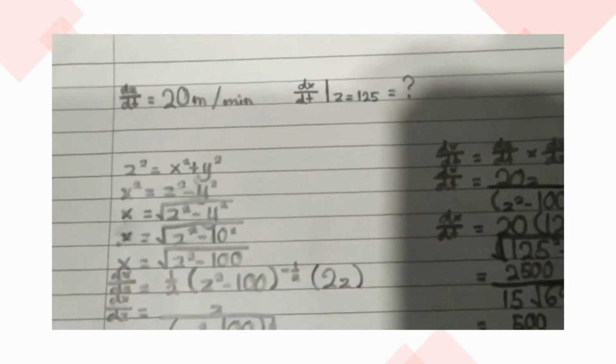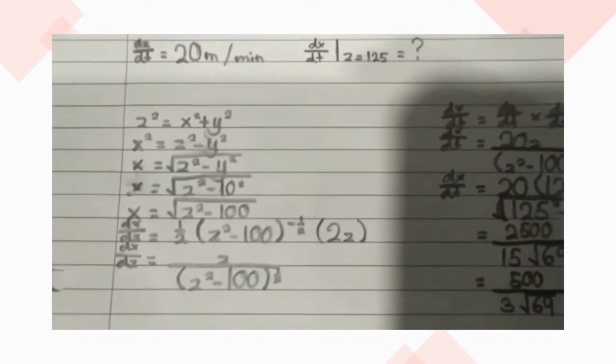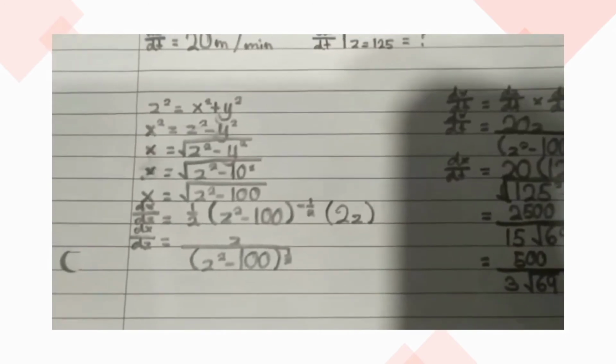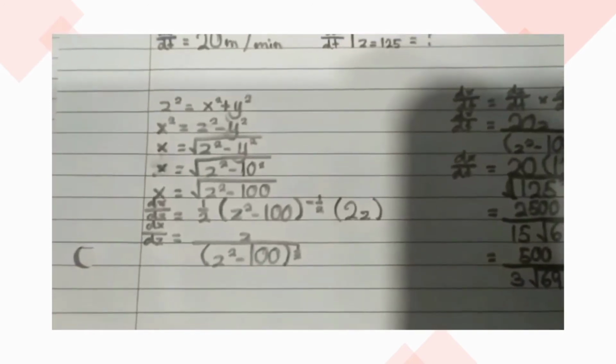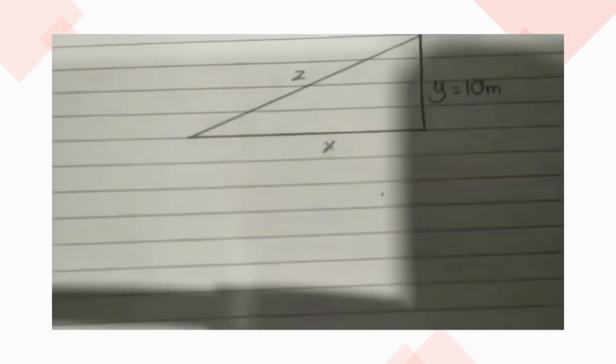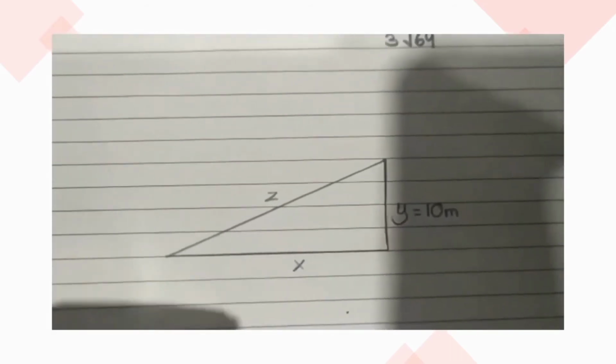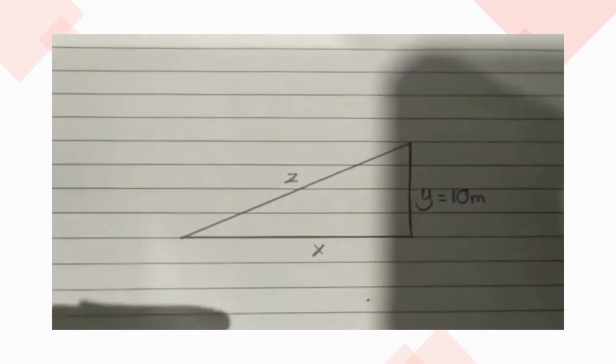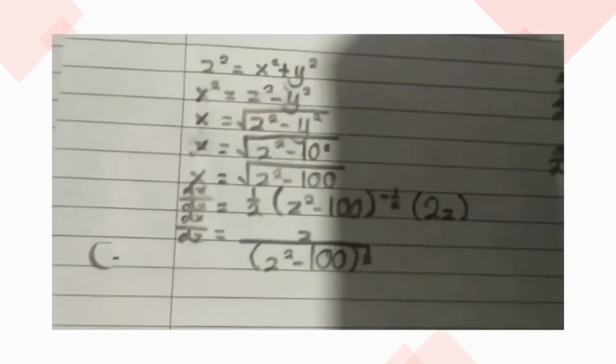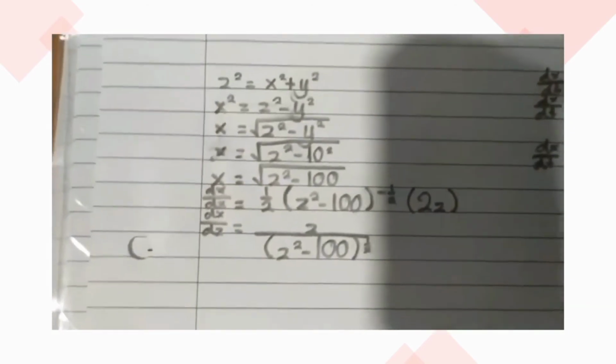So first of all, we must make a formula. The formula that we'll be choosing is the Pythagoras theorem, which is a squared plus b squared equals c squared. I will be using unknowns x, y, and z. So the equation now is z squared equals x squared plus y squared.